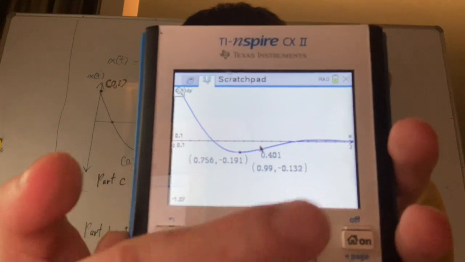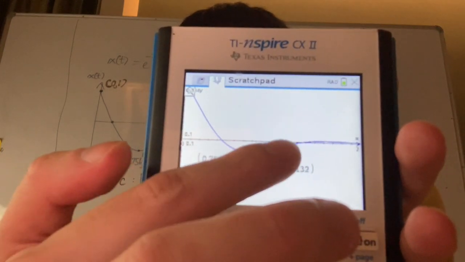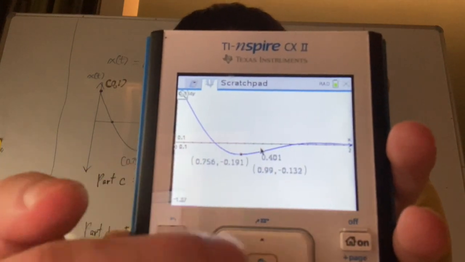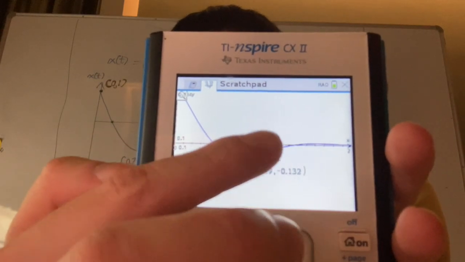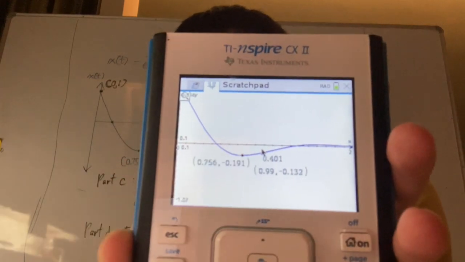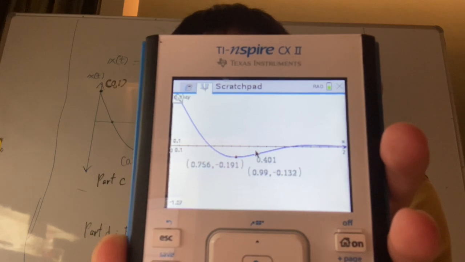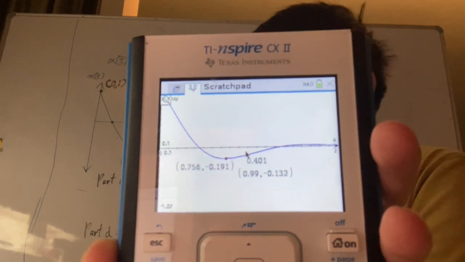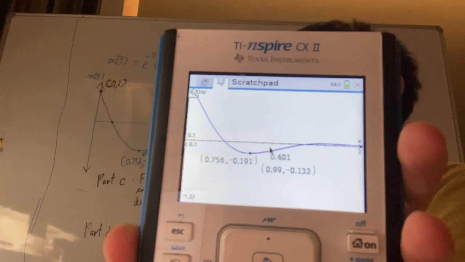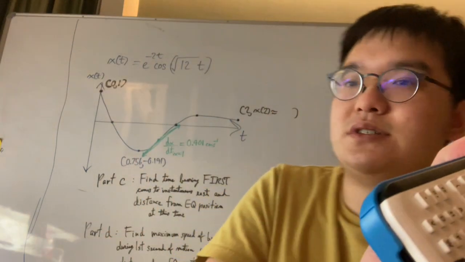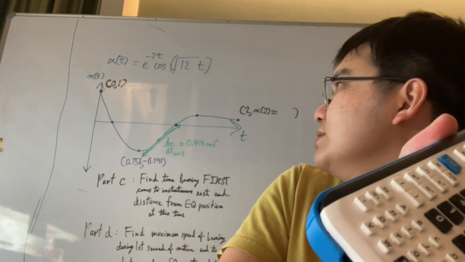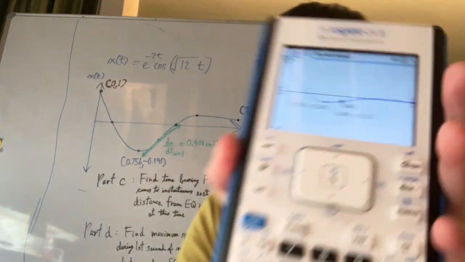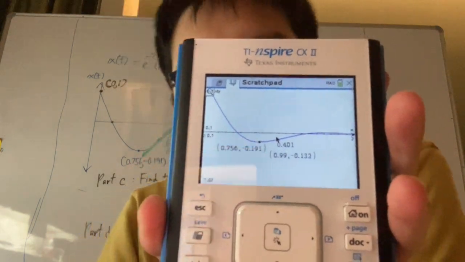I found my best estimate of a point that's basically t equals 1, because then I have to find the numerical derivative at this particular point. I did it, and I got the result of 0.401 centimeters per second, which, as you can see, is in green, represented as a tangent line on that graph. I don't know yet how to draw a tangent line on here.